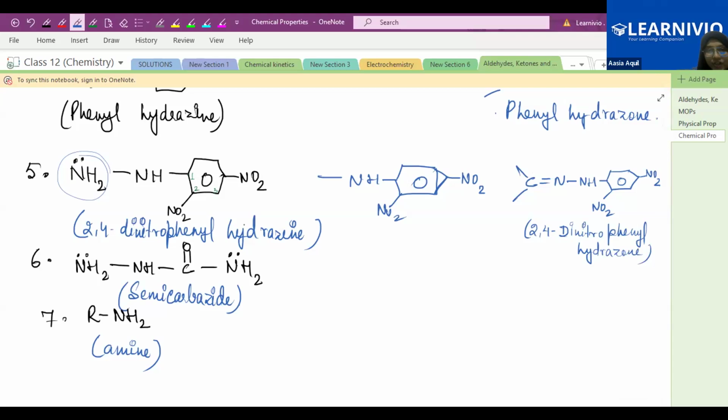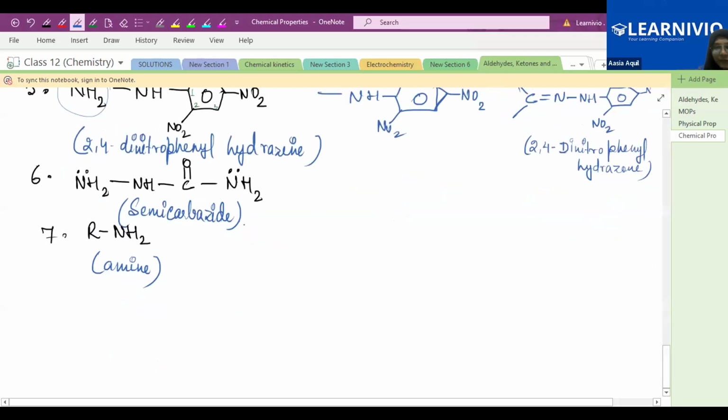Okay. Yes, Aisha, 6-1 for the semicarbazide. What is the Z group? NHC double bond O NH2. Very good. And what is the product? C double bond N NH C double bond O NH2. Okay, so what can you guess the name of this product?